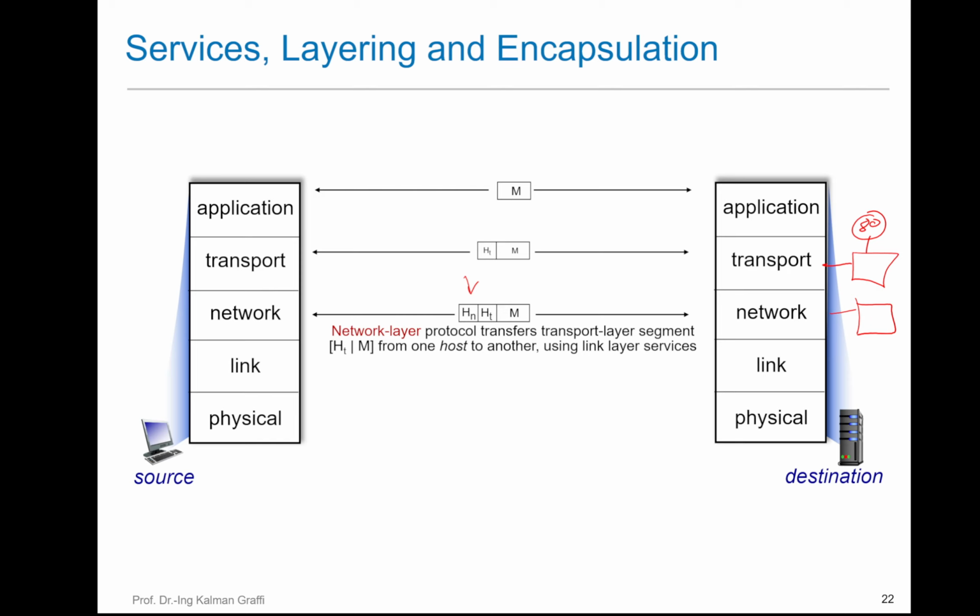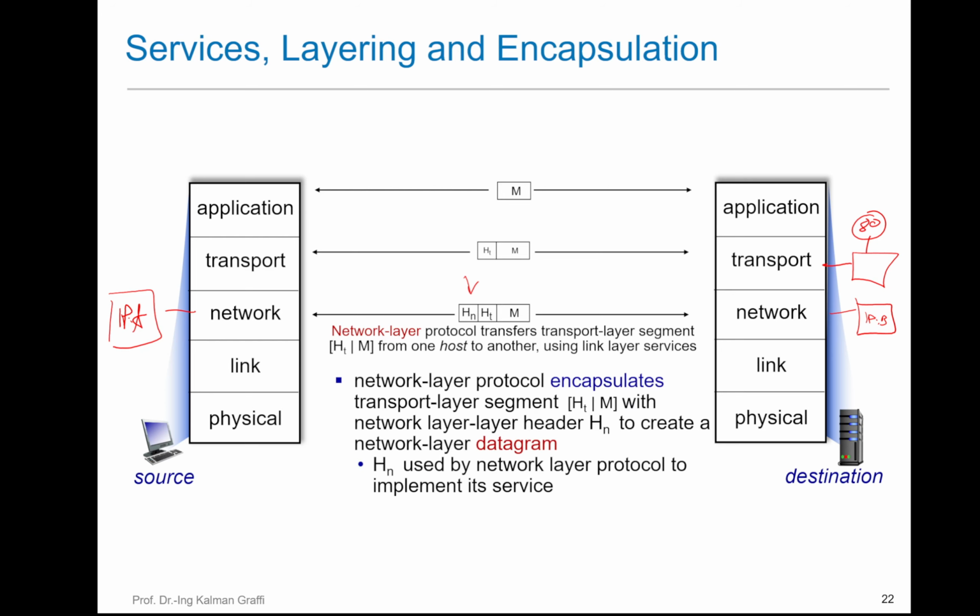And here, one level below, we have the association to an IP address, so that in the global network, host A, globally identifiable by the address A, can send a message to the globally unique and identifiable host B. And this information is put into the header. So now the header is growing even further, and this is now called a datagram.